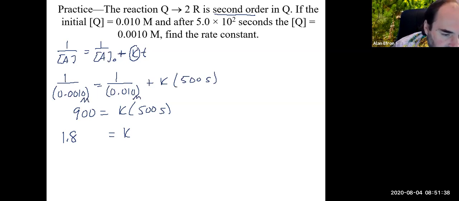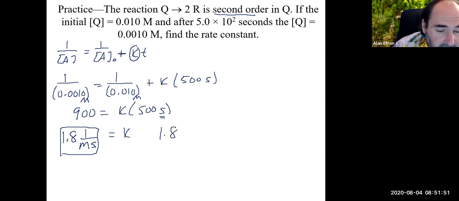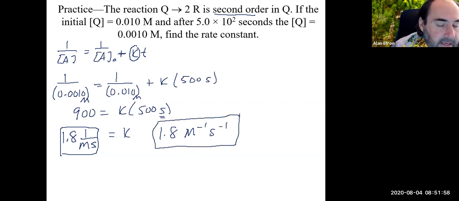When we subtract those, we still have basically 1 over molarity. Then when we divide by the seconds, we get 1 over molar seconds. You could write it like that, or you could write M to the minus 1, s to the minus 1, which is perfectly fine as well. These are the typical units that we see associated with a second order reaction. So that's a good way to check yourself.